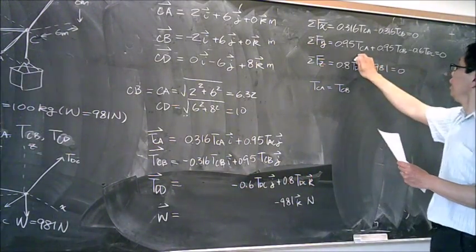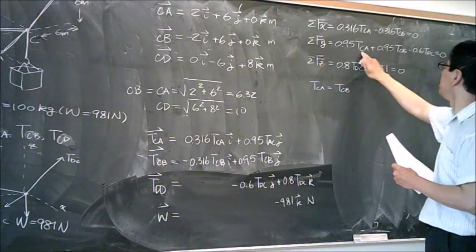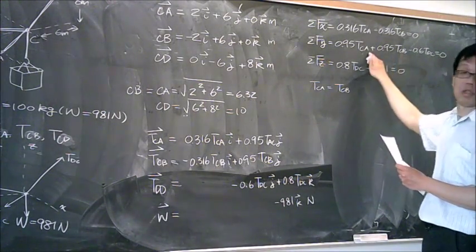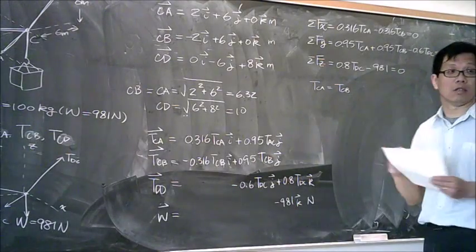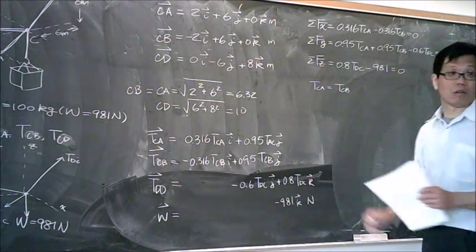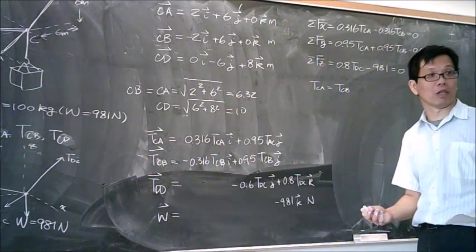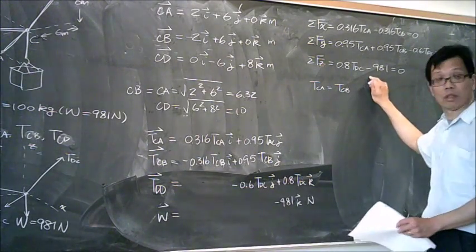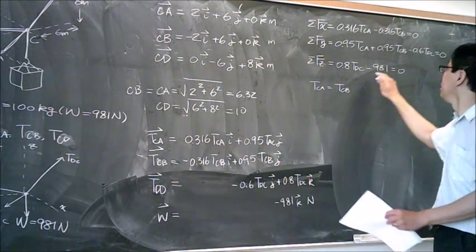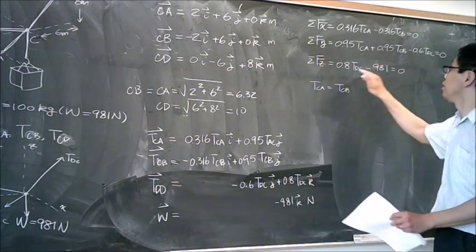So if you want to, you can just replace TCA with TCB or TCB with TCA over here. So you get 2 unknowns in the second equation. But that is not something I want to do right now. I want to deal with the third equation now, because by solving the third equation, I got TDC directly.